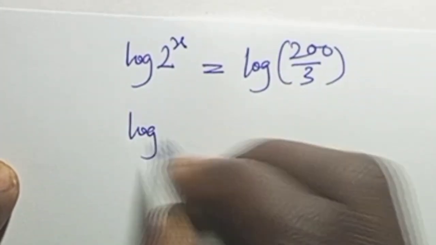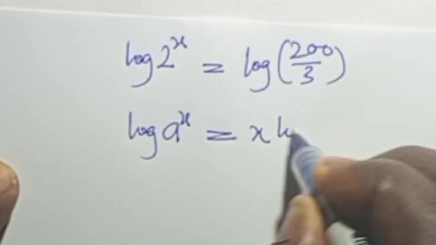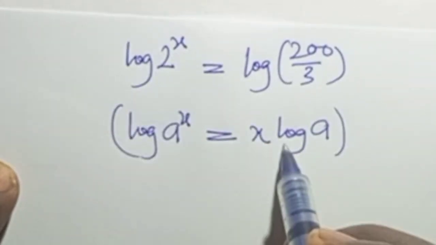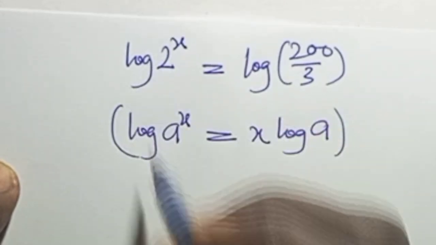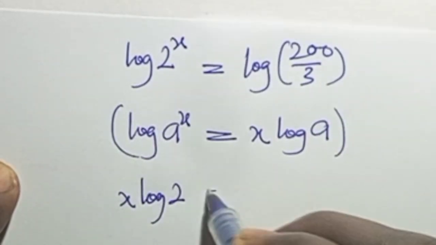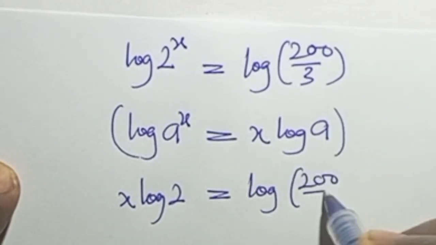But log a^x is the same thing as x log a. So the power will come down to multiply the log. So x log 2 is equal to log 200 over 3.